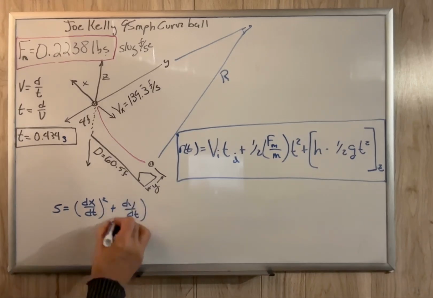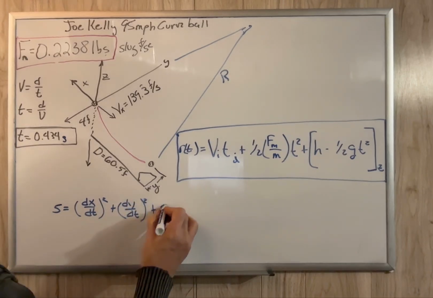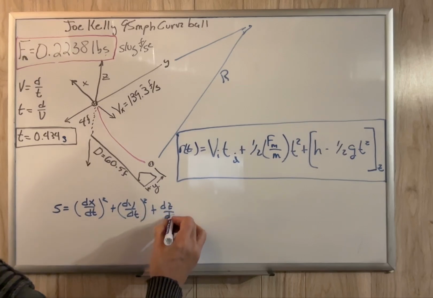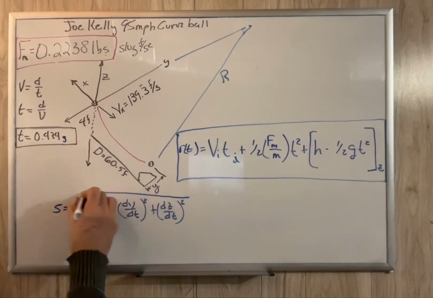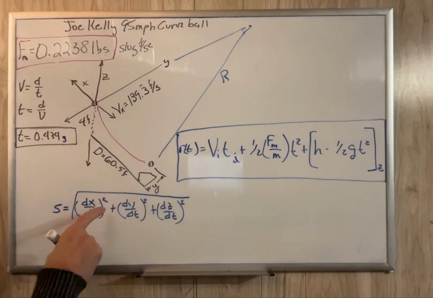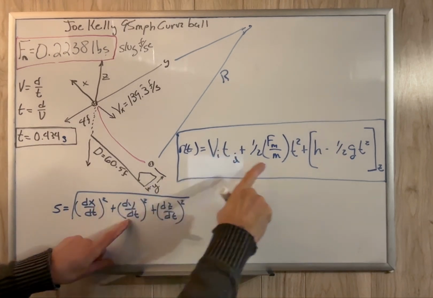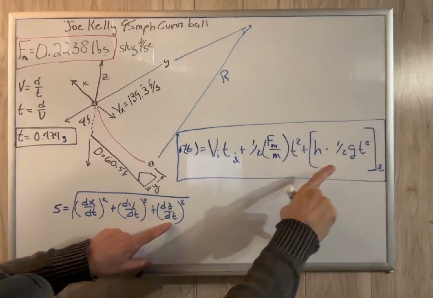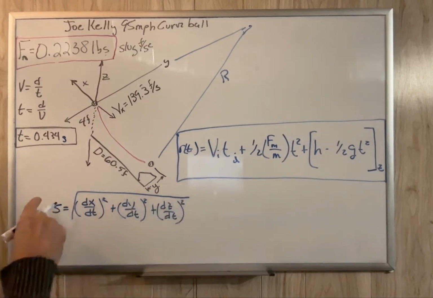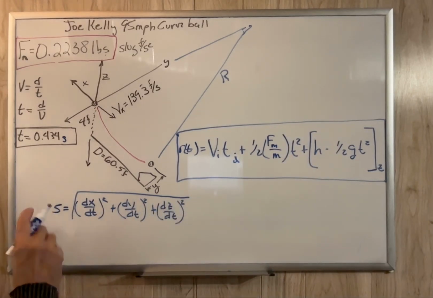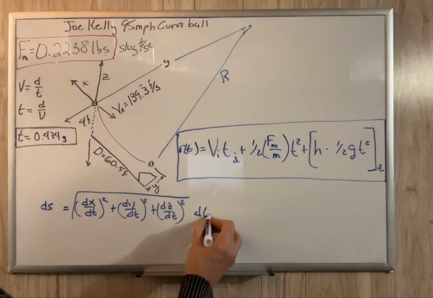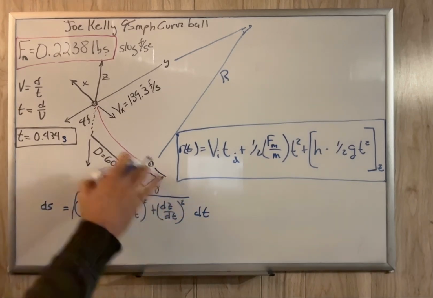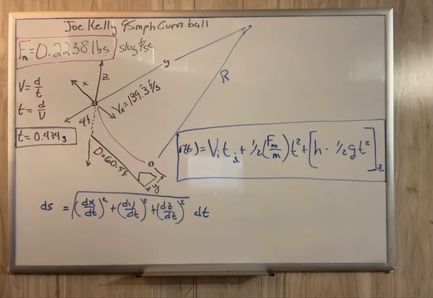The square root of (dx/dt) squared plus (dy/dt) squared plus (dz/dt) squared, right? We take the time derivative of each, take the square root, and if we realize that ds is going to be equal to that times dt, we can figure out this path. That would be the next video.